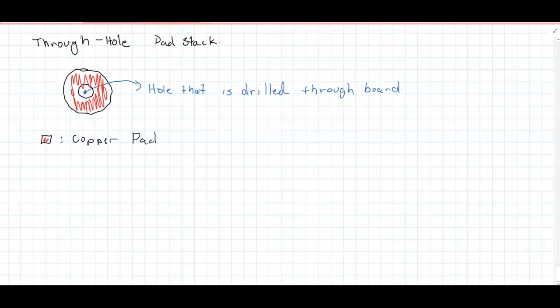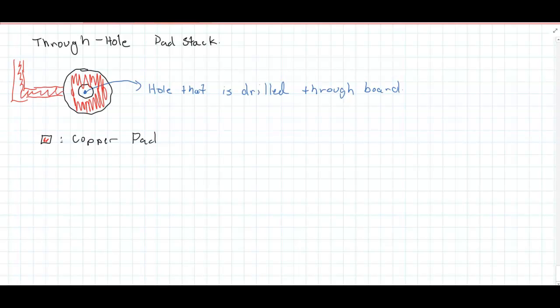The red area is the copper pad, and that's basically so that you actually have something to solder the lead to. And then in an actual circuit, this would be connected up to a trace, and the trace might go off and do something like that. So this would be another copper trace, and it's connected off.